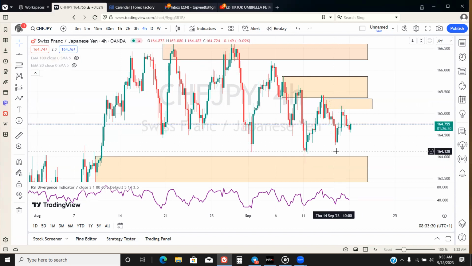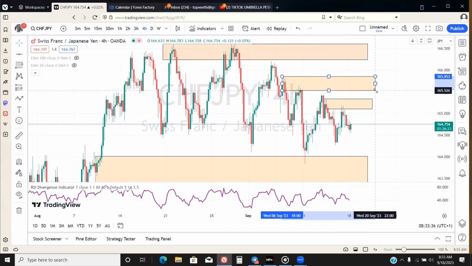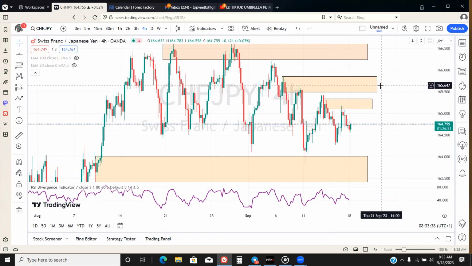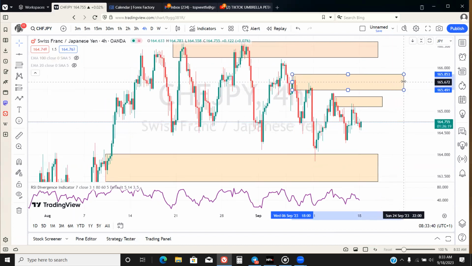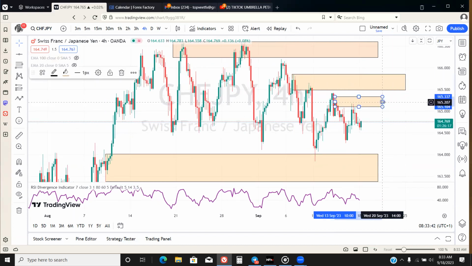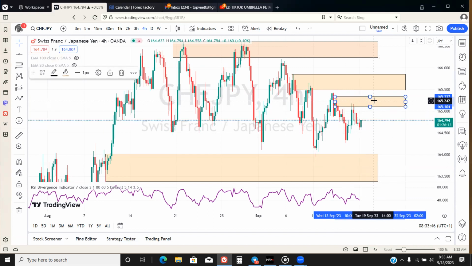And this week, what are we looking out for this week? We are still going to be looking for a sell opportunity on CHFJPY this week. As we are looking for a sell opportunity on CHFJPY this week, I believe that the market is still going to retrace to the price of 165.20 or to the price of 165.70.